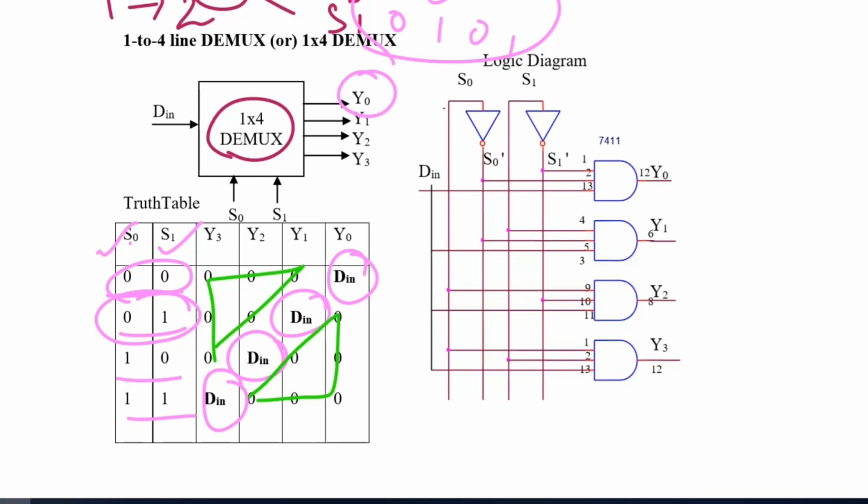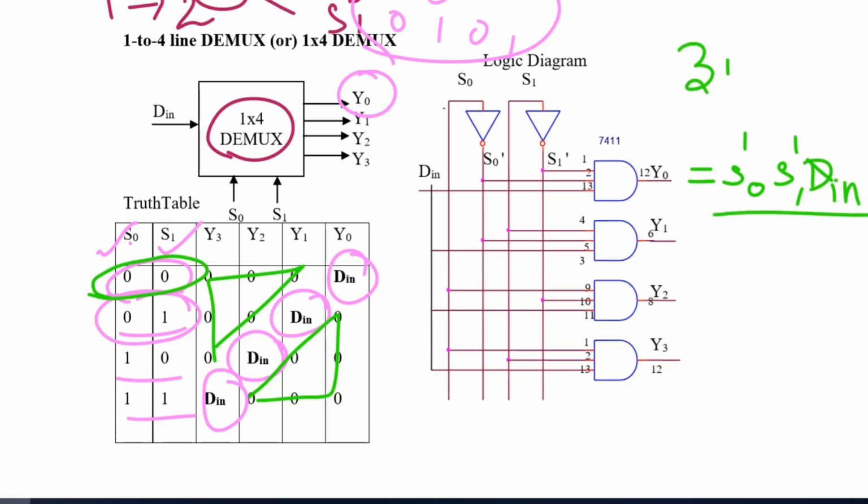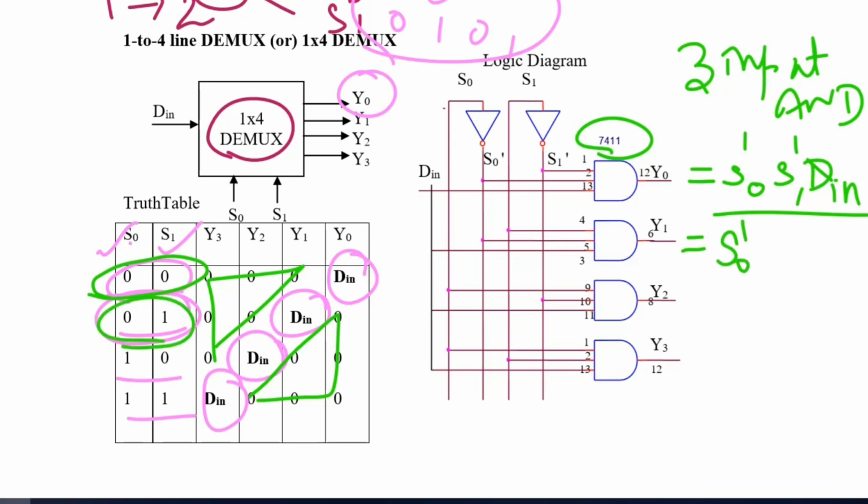Here we have the expression Y0 equal to, what is the combination for Y0? S0 dash S1 dash into D in. So we need a 3 input AND gate. What is the number of the 3 input AND gate? It's 7411. And what about Y1? Y1 equal to S0 dash, see here, S0 dash S1 D in.